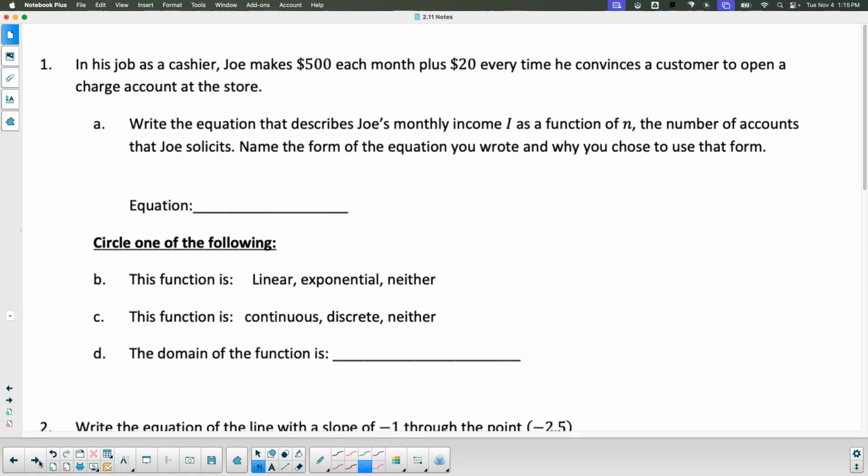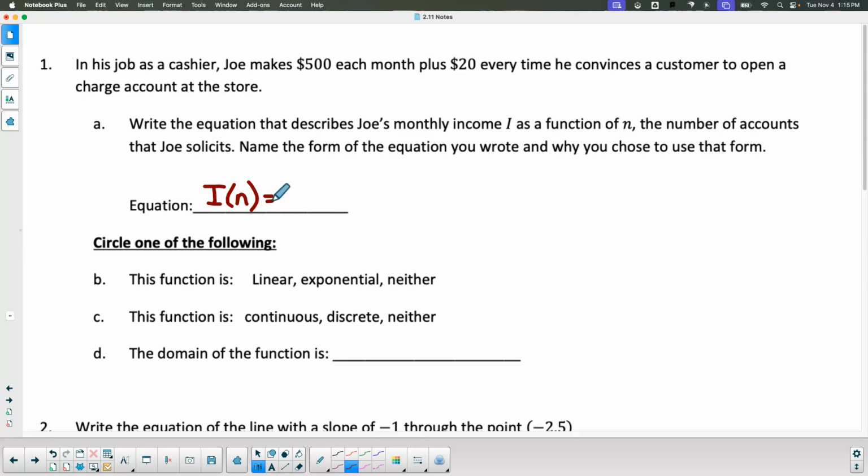Write the equation that describes Joe's monthly income I as a function of n.